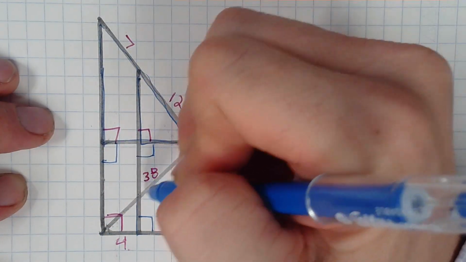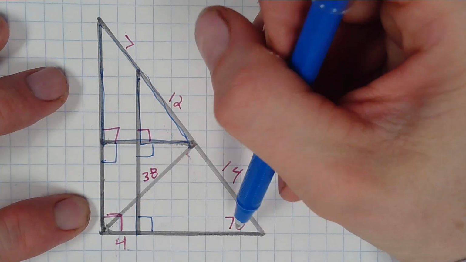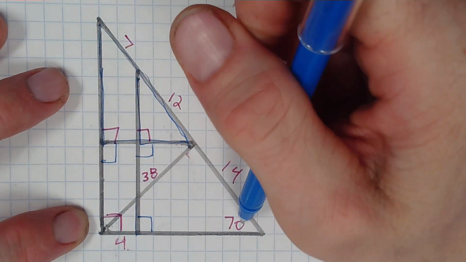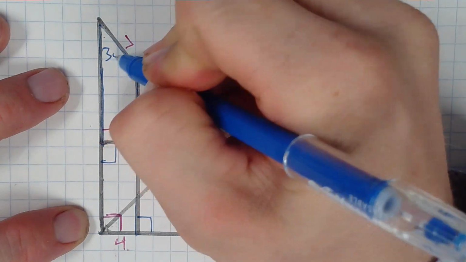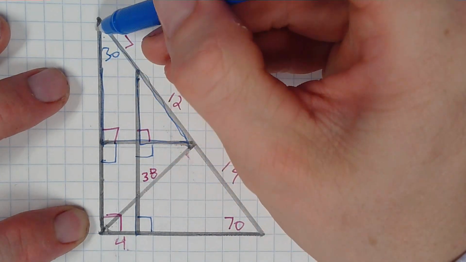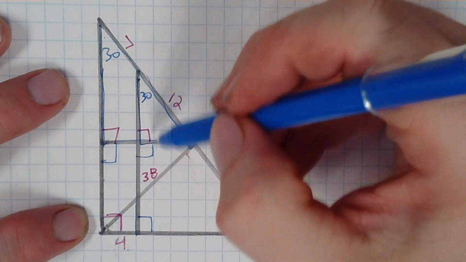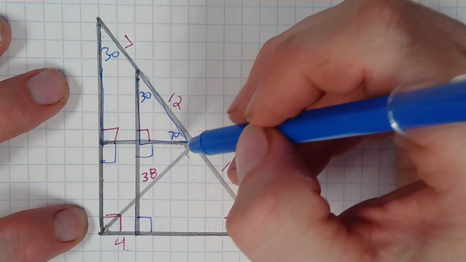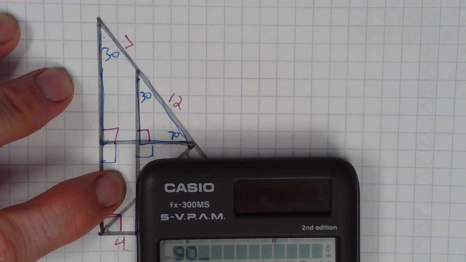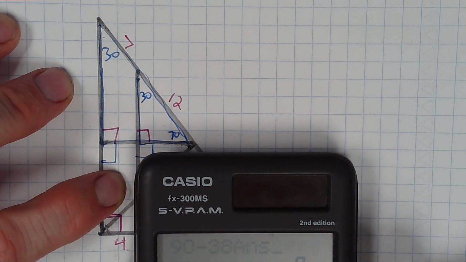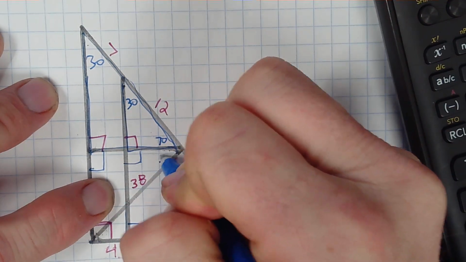So identifying those 90-degree triangles is the first step in realizing what's in here. So if you know this is a 90-degree triangle, this is 70, and this one adds up to 90, you know that this is 20. This is 38 right here, so 90 minus 38 equals 52.